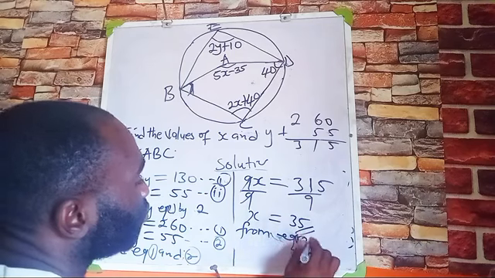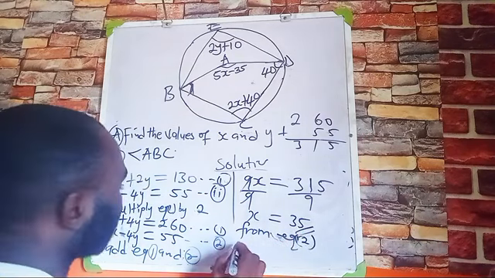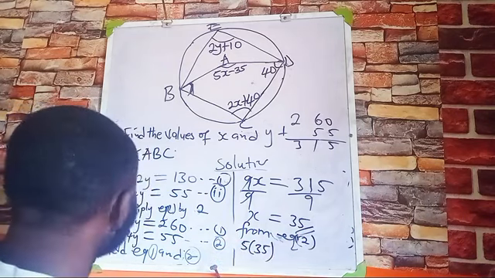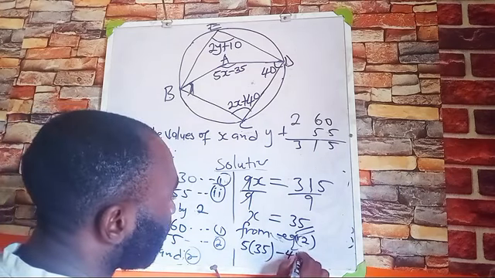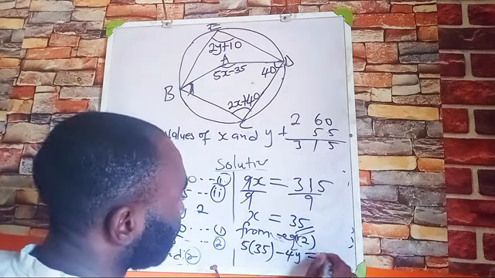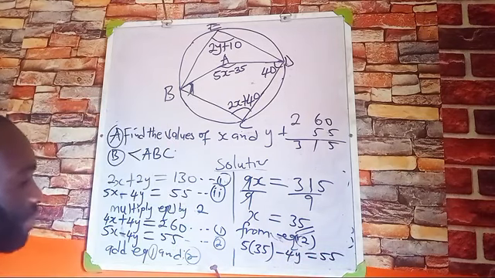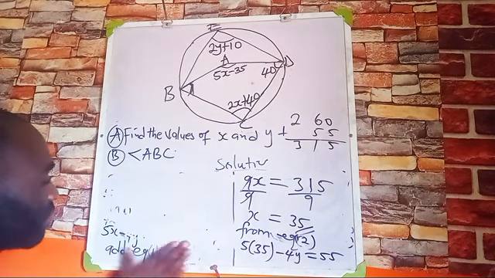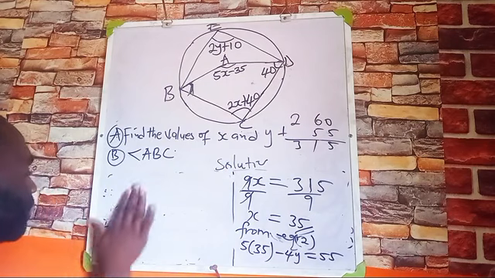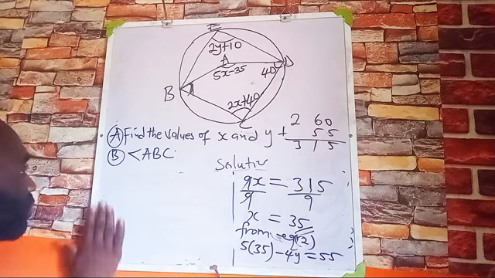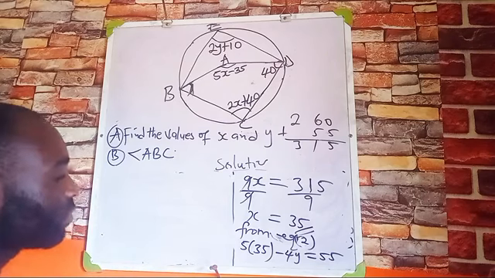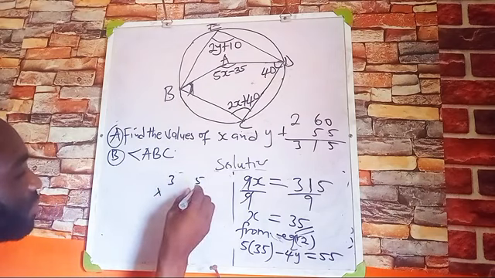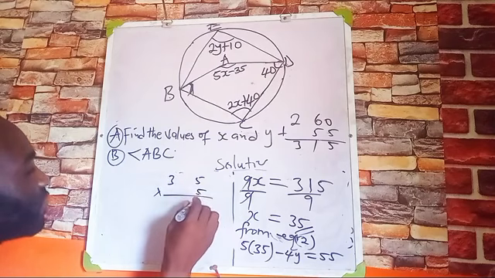From equation 2, 5 bracket open, 35, plus minus 4y is equal to 55. So 35 times 5. 5 times 5 is 25.